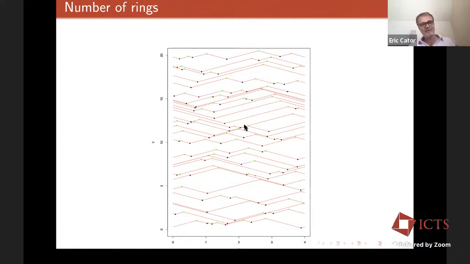And it turned out that one thing that we can say relatively easily is something about the number of rings. So if you go from 0 to t, how many rings do you expect to see? And for those of you who remember this kind of turned Hammersley process, the number of rings is like the flux along the diagonal of the Hammersley process. So that is an interesting thing.